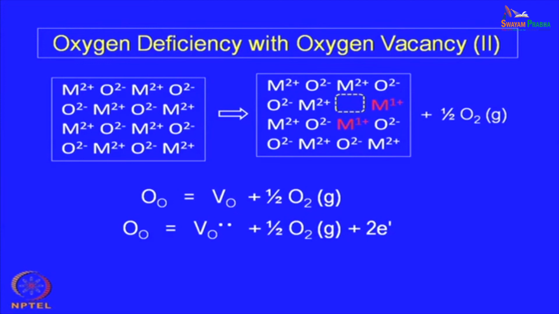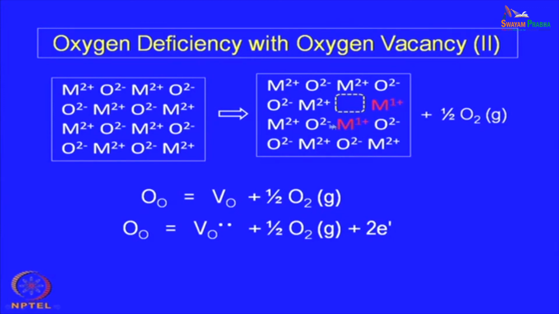So, the metal is not coming here, only the electrons, because these electrons may not be sticking to a particular site. We will see later, when we look at conductivity, how these non-stoichiometric oxides behave. We will find that these electrons are not attached to these two metals only.